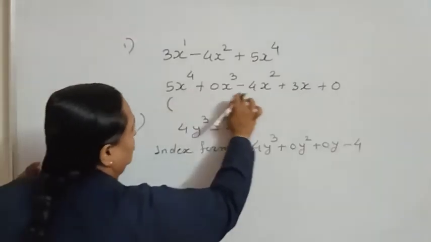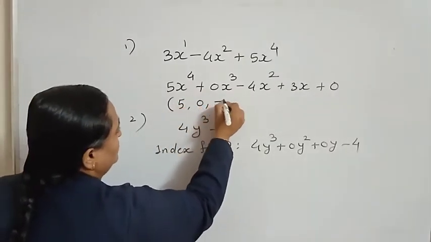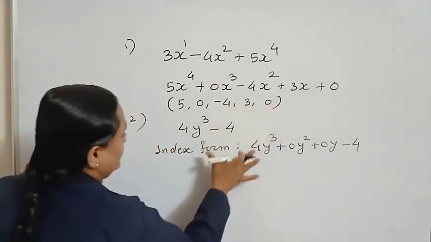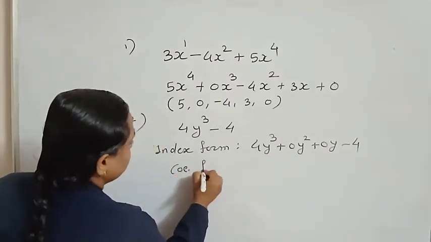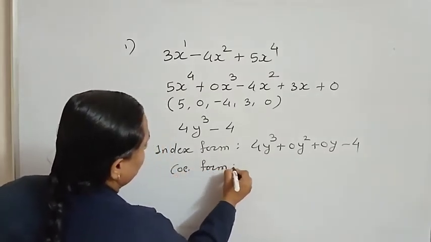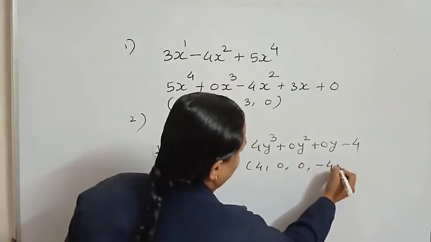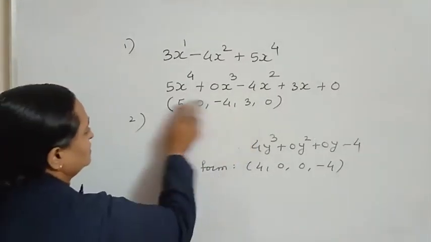Then you have to write down all the coefficients here: 5, separate them by comma, -4, 3 and 0. Now again this example we will write in coefficient form: 4, 0, 0, -4.